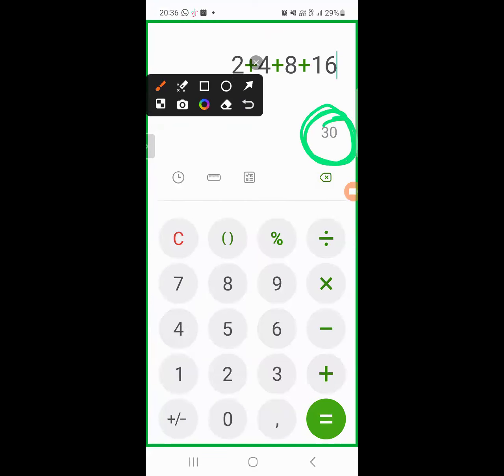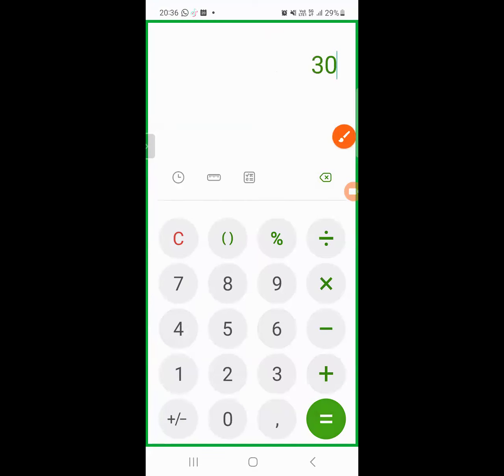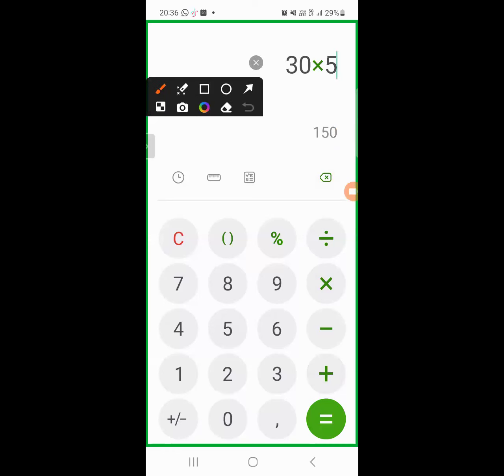I'm mistaken. Let me delete it. 30 times 5, which is the first buy amount, $5. 30 times 5 will give you 150, okay? Which is the first 4 margin calls. It will give you 150.